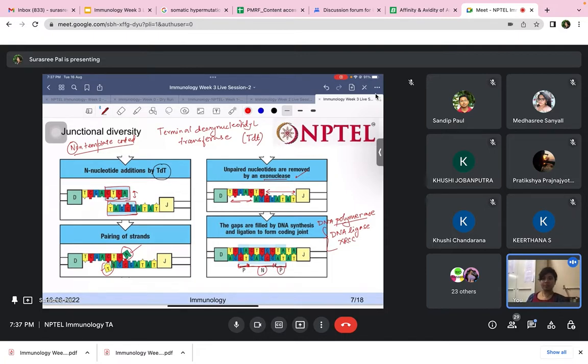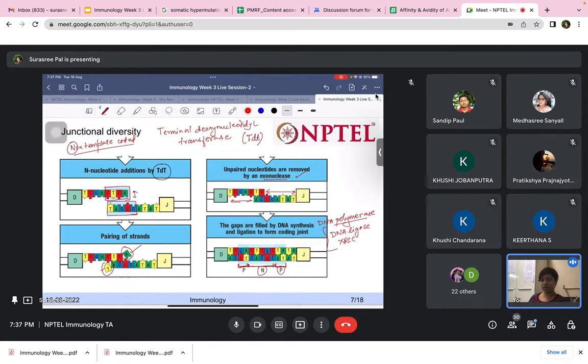Now every time this process takes place, every time this recombination takes place, different nucleotides will be joined as P nucleotides and N nucleotides. So you can understand the number of times these recombination events are taking place.